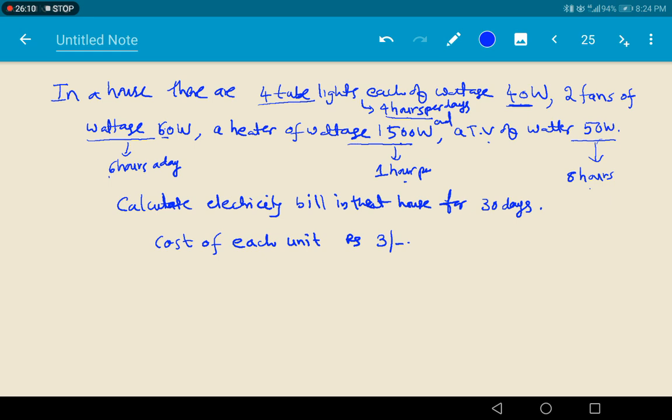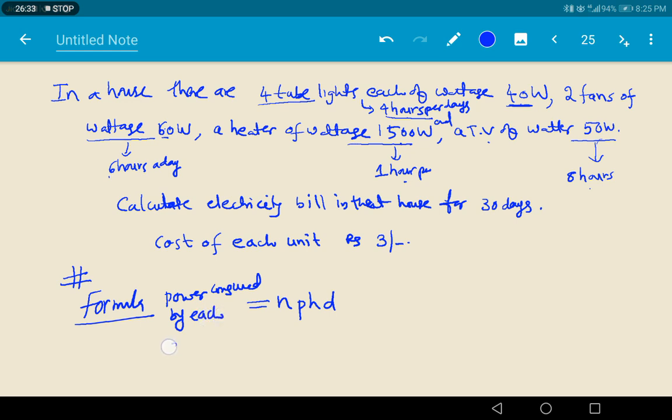So I will give the formula for this. Formula to do this electricity bill problem: N P H D. So it is power consumed by each device. Individual devices we can find. Sir, what is N?